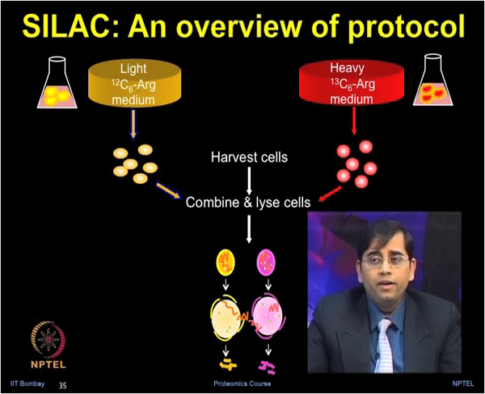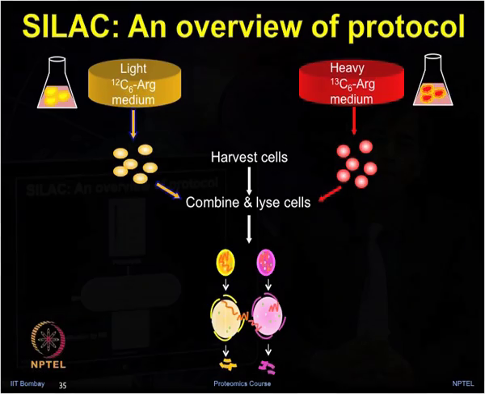After allowing for 5 or 6 doublings, the arginine in each protein is in heavy form. These cells can be combined and further lysed prior to further proteolytic steps.